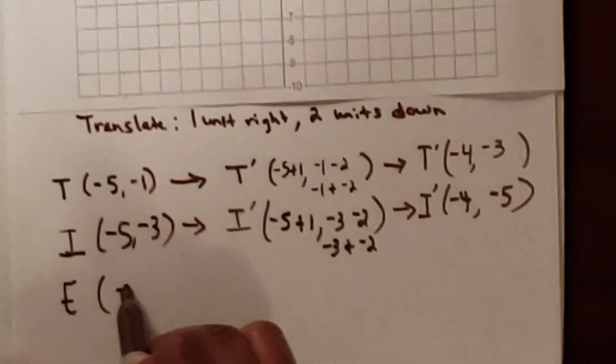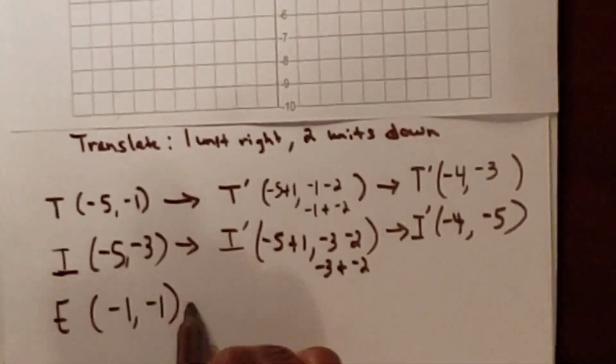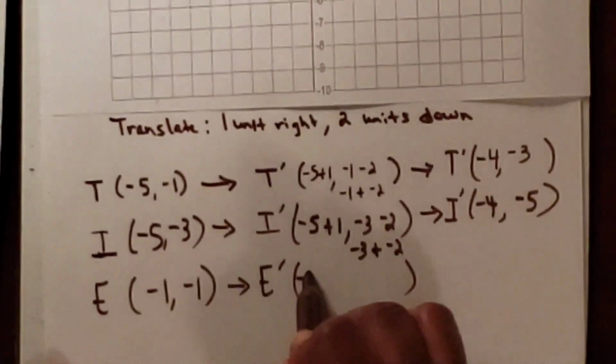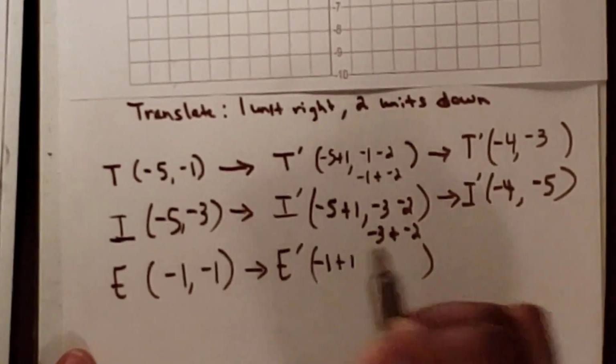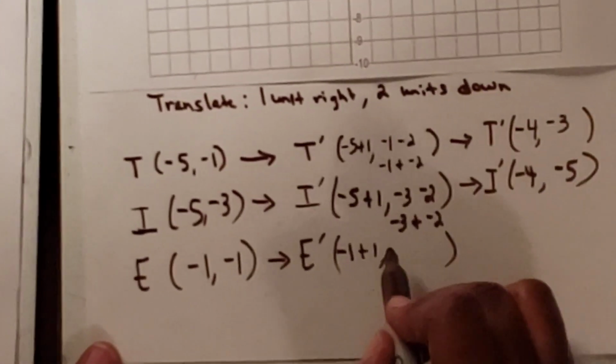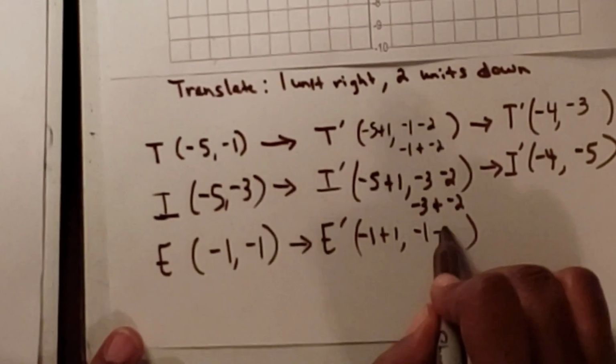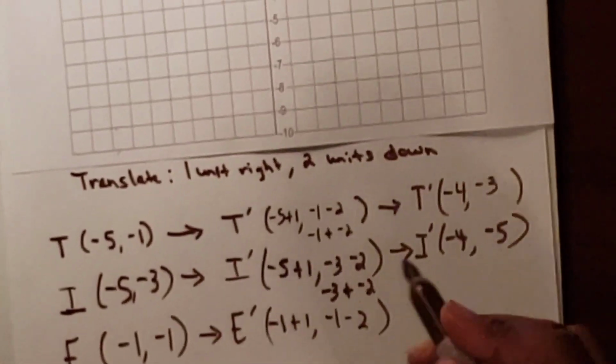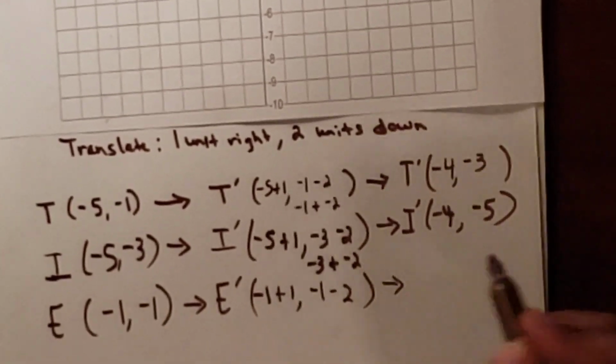Alright, the last point, E, is -1, -1, and we're going to move it. So E prime will be -1 plus 1, 1 unit right, and -1 minus 2, 2 units down. So -1 plus 1, those are opposites, so that adds up to 0.